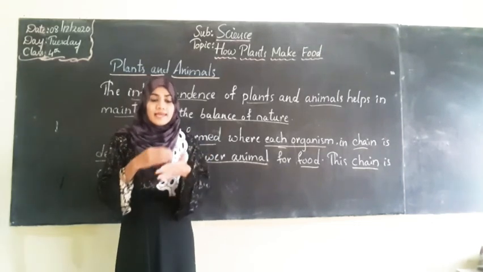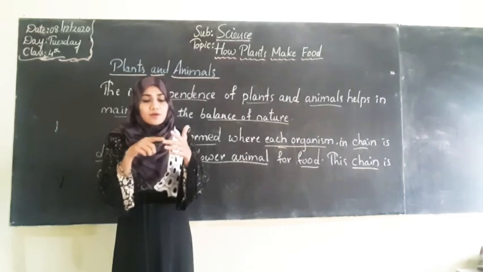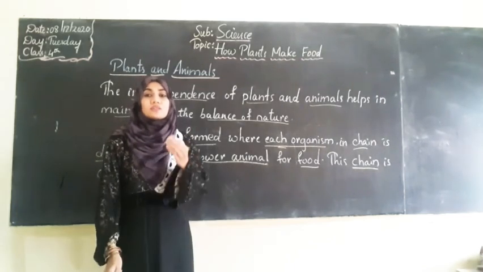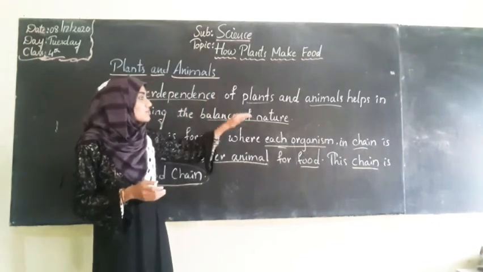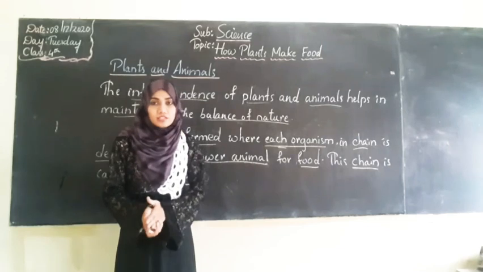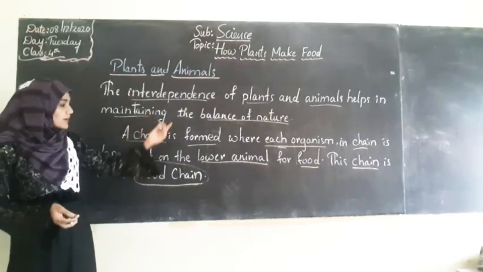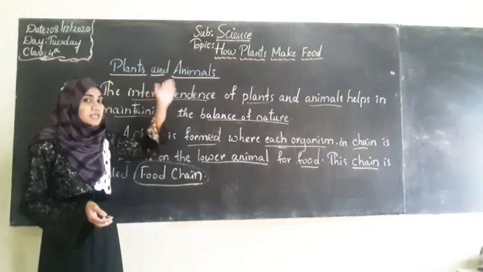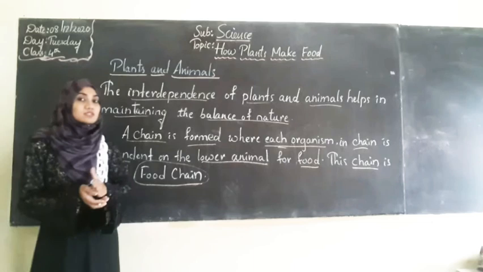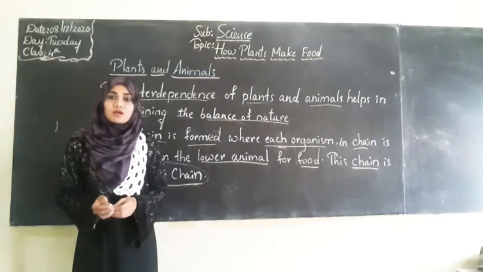Similarly, each bigger organism will depend upon its lower organism for its food, and this interdependency of plants and animals will help in the balancing of nature. Now we will discuss in more detail how nature is balanced by plants and animals, and also more examples of the food chain. So listen carefully and note down all the points.